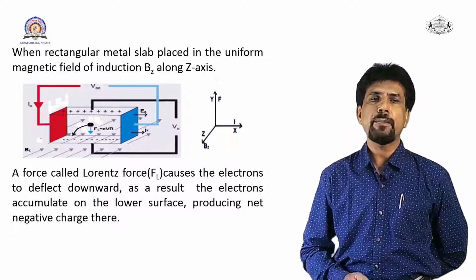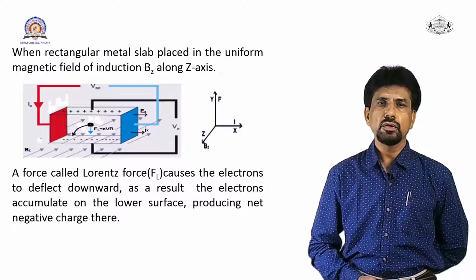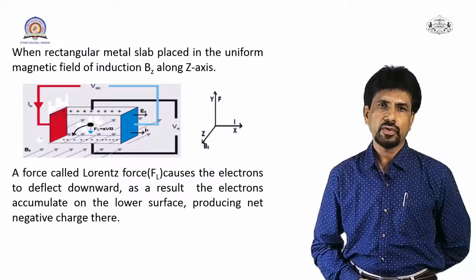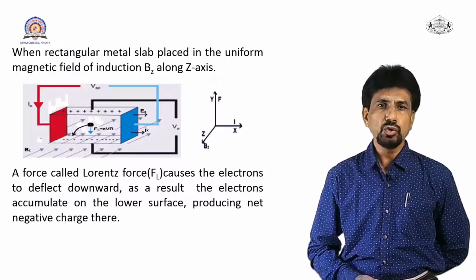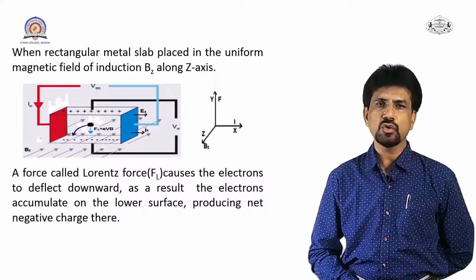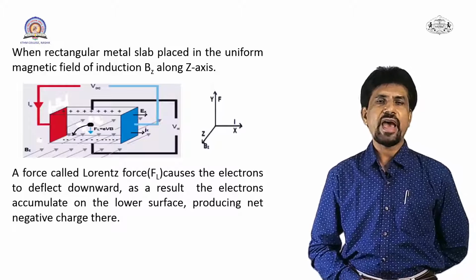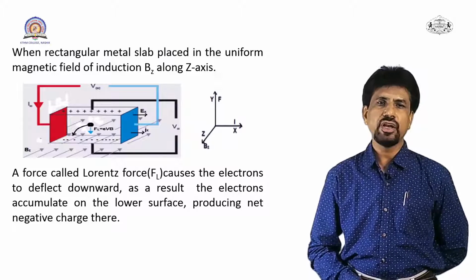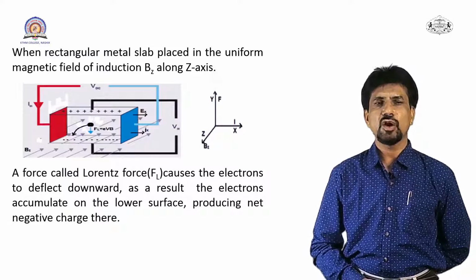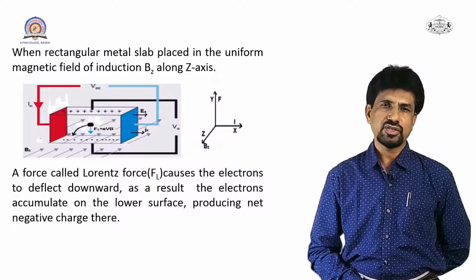When you apply the magnetic field perpendicular to the direction of the flow of current in that conductor, a force called the Lorentz force causes the electrons to deflect in the downward direction, and as a result the electrons accumulate on the lower surface, producing a net negative layer of charges on the lower surface of the conductor.